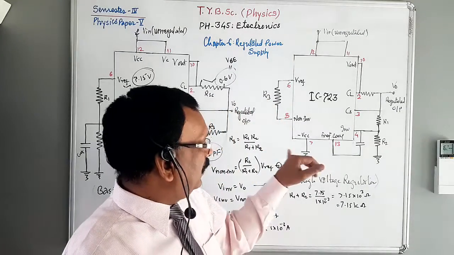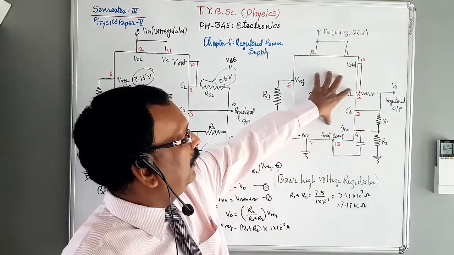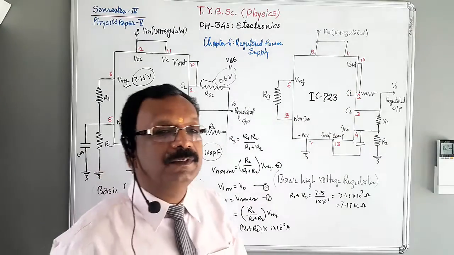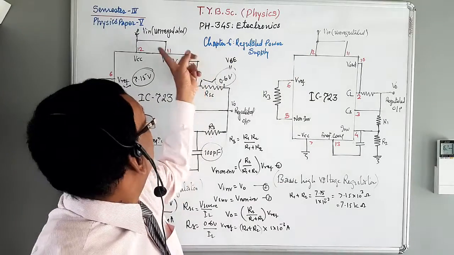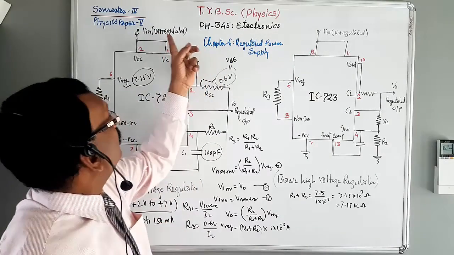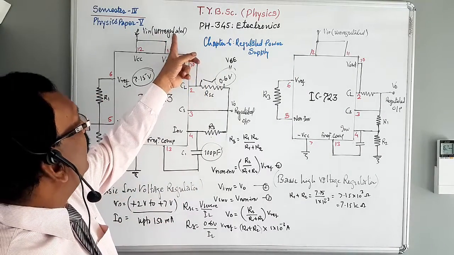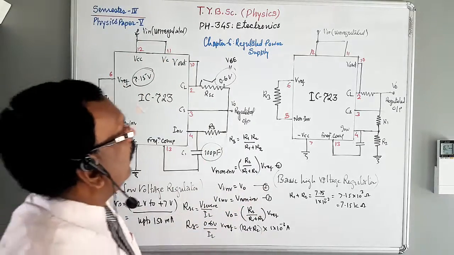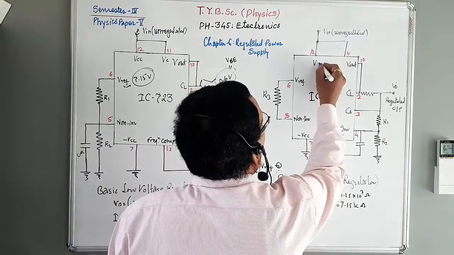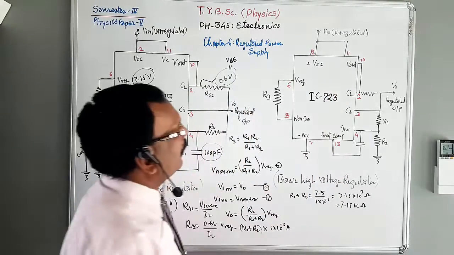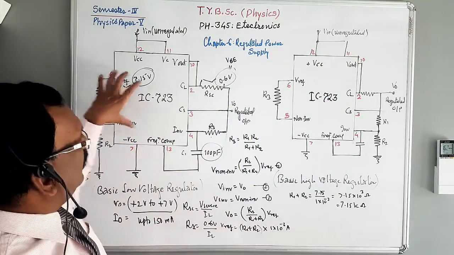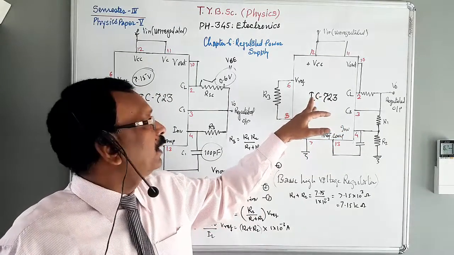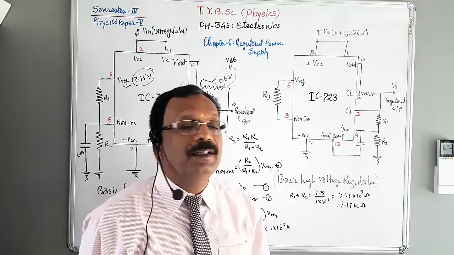For this purpose, we are going to use this circuit. In this circuit, the unregulated input voltage is given to pin number 12, and here also the same thing happens, but the only difference is here and here.